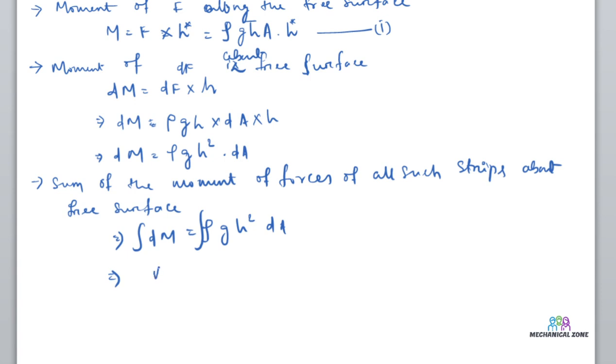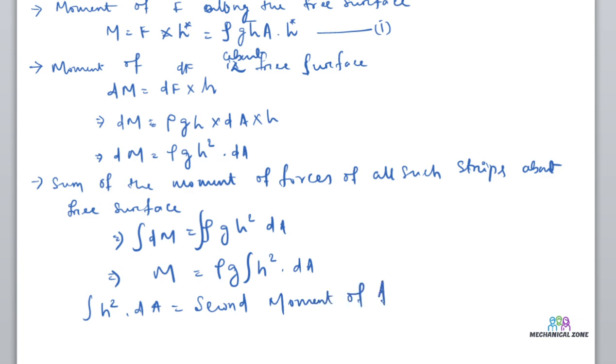Then the integration of dM is equal to M. Rho and g both are constant, because g is constant, which is 9.81 meter per second square, that is acceleration due to gravity. Rho is constant for an individual fluid. So the variables are h square and area. So our M becomes this, and we know h square dA is nothing but the second moment of area.